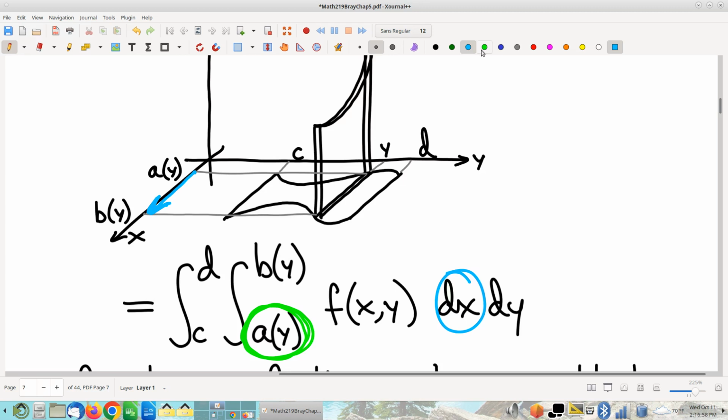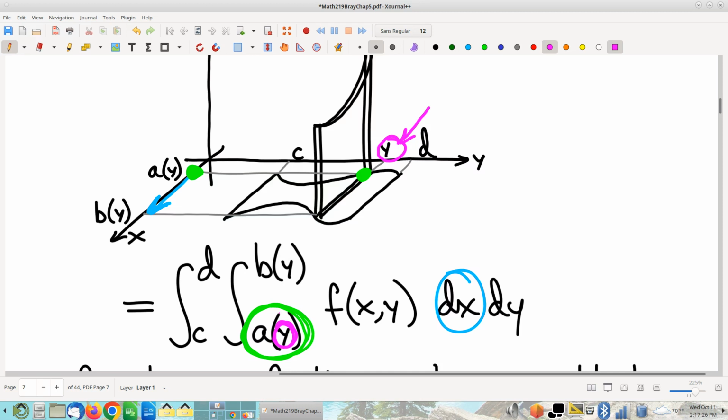And this starting value for x depends on where my domain starts. In particular, where does my domain start for that specific value of y? And so here's the only difference. The starting value now depends on y. It's now just not a constant.